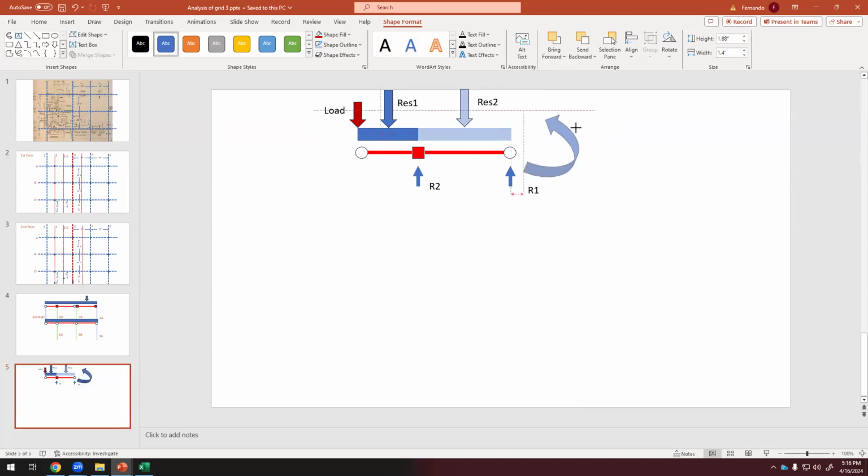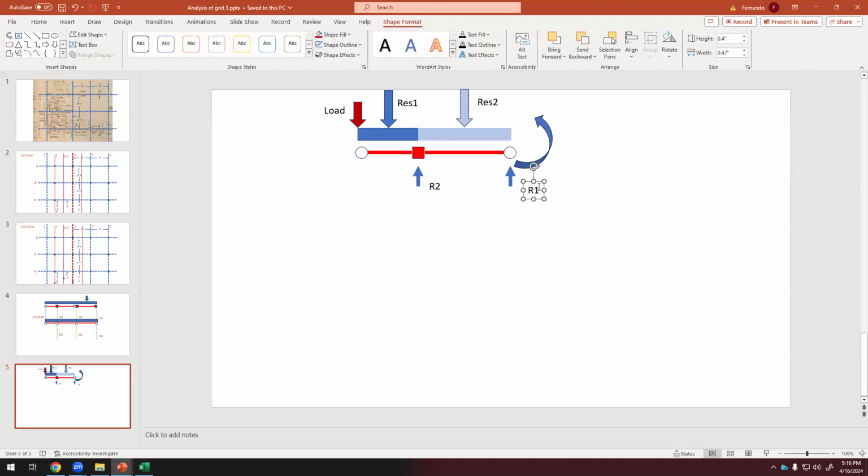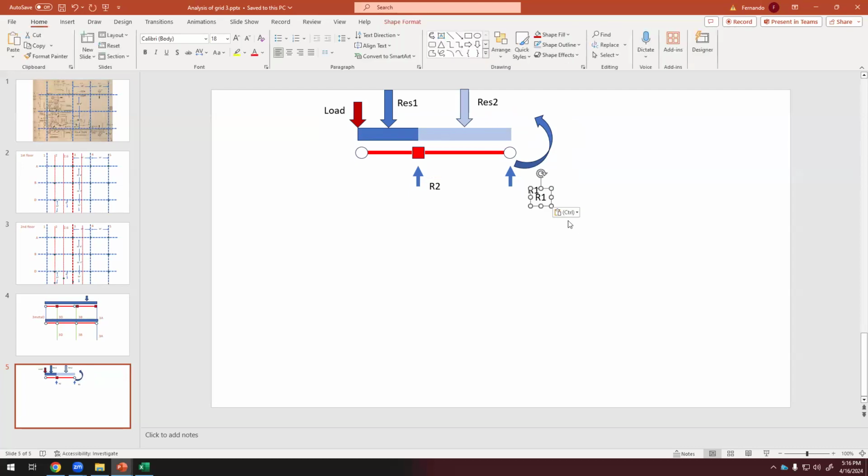Okay, so this counterclockwise thing equals the load times, and what's the distance between that load and that point? It's L1 plus L2.